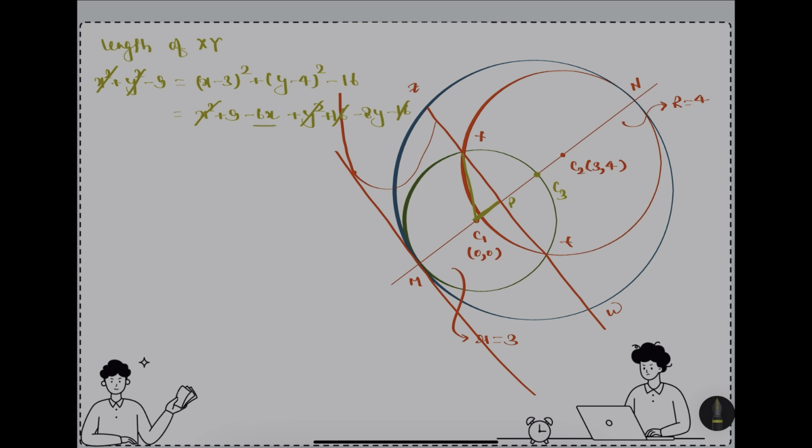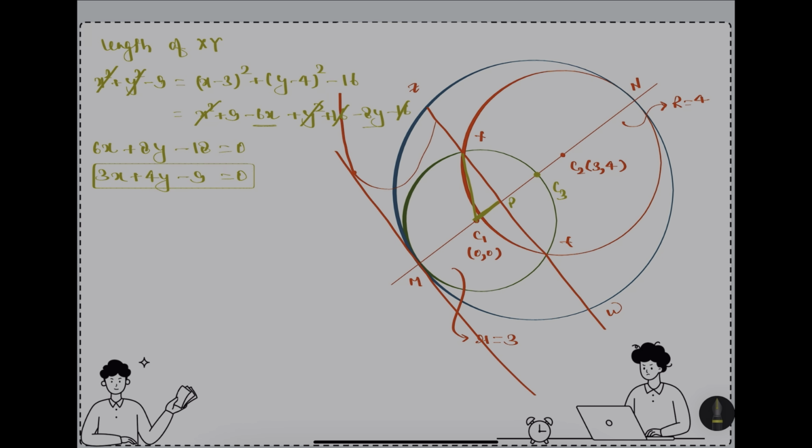So minus of 6x will become 6x, minus of 8y will become 8y, and minus of 18. You can simplify this a little more. Divide by 2, 3x plus 4y minus 9. So we got our equation of the line XY.